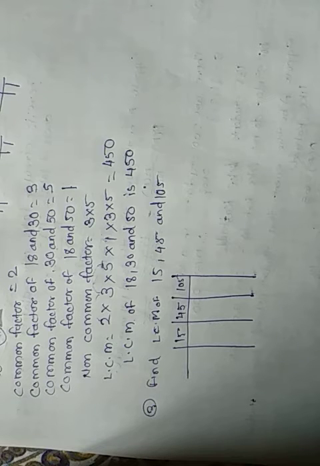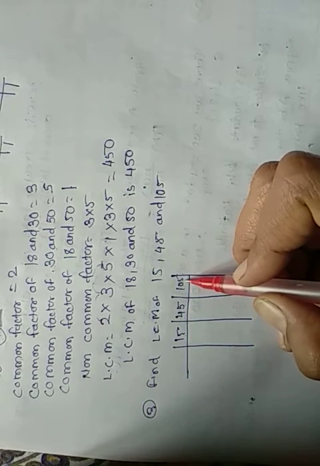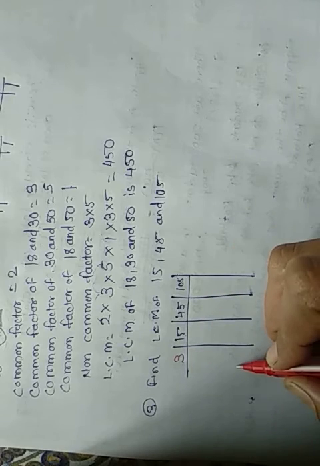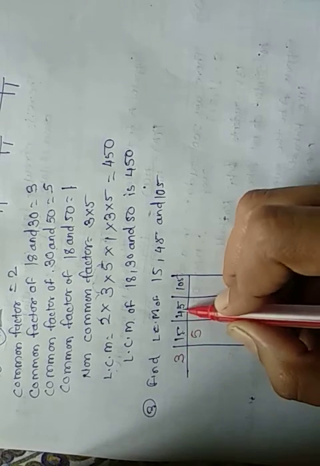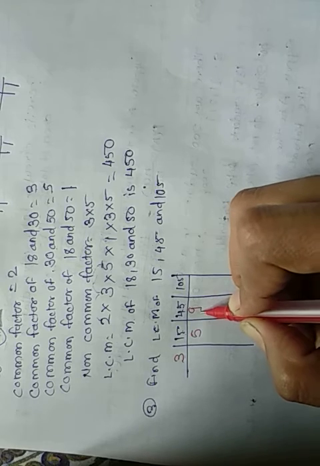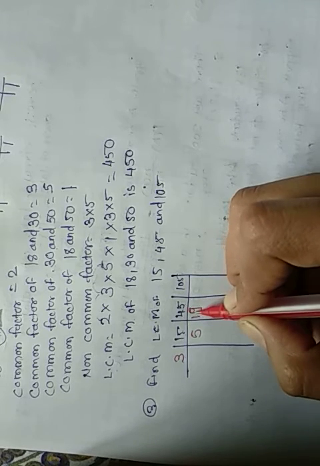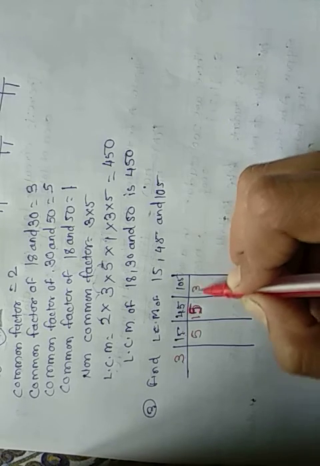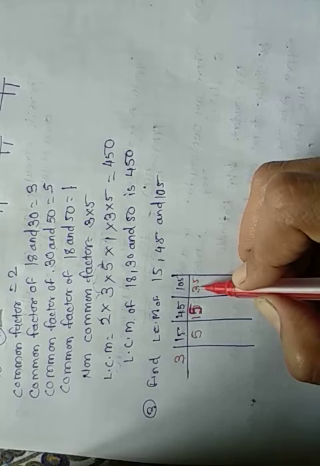Repeat this process for the quotient as many times as possible. So here, 15, 45 and 105 are divisible by 3. If you divide by 3, 3 fives are 15, 3 fifteens are 45 and 3 thirty-fives are 105. So your answer is 5, 15 and 35.